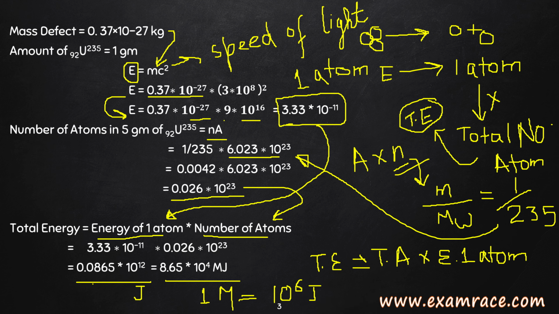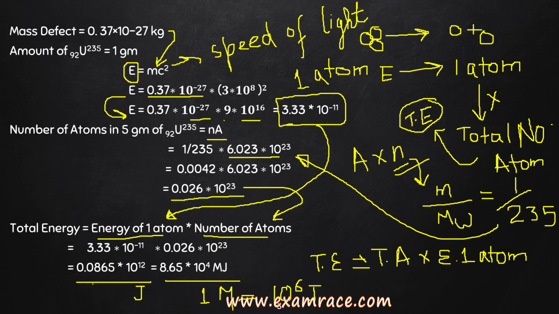And now we'll calculate the total number of atoms present in 1 gram of uranium 235, and what we have to do is multiply the Avogadro's number into the total number of moles, and moles will be calculated by the given mass of the uranium upon the molecular weight.